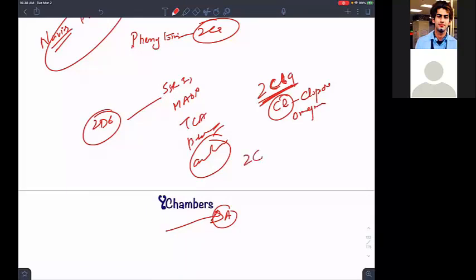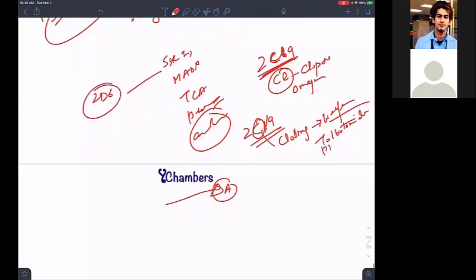For 2C9, C means clotting. So clotting stands for which? I remember warfarin, an anticoagulant. Tolbutamide. What else? Phenytoin, isn't it?